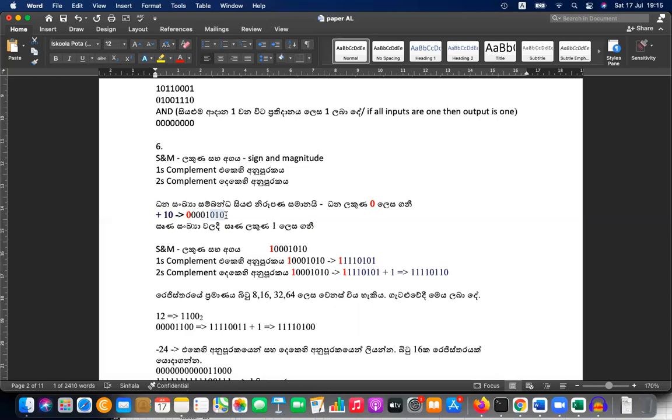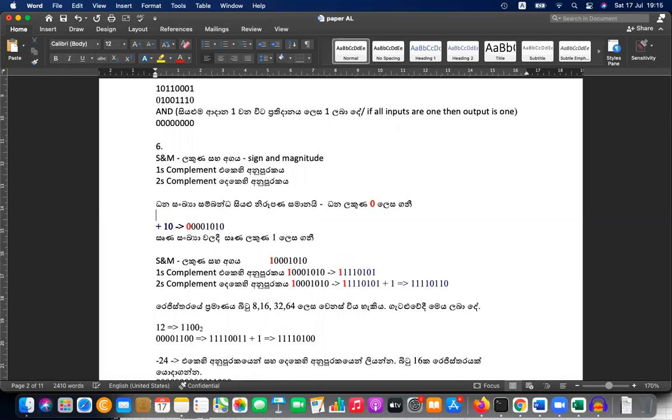But for minus 10, you change only the sign bit, right? If it is a positive number, all 3 methods are the same. For positive numbers, all 3 methods are the same.